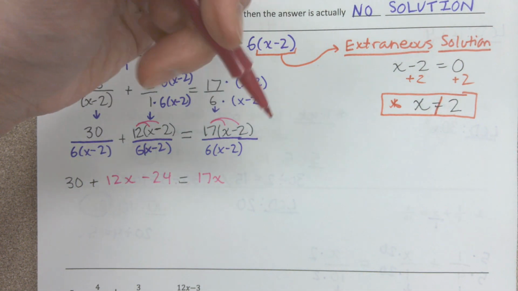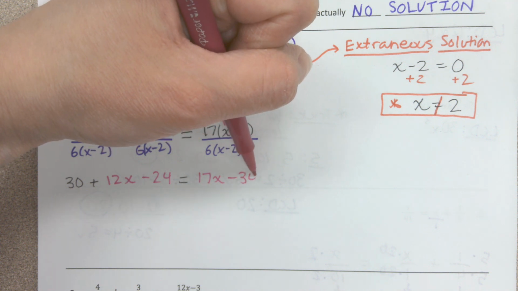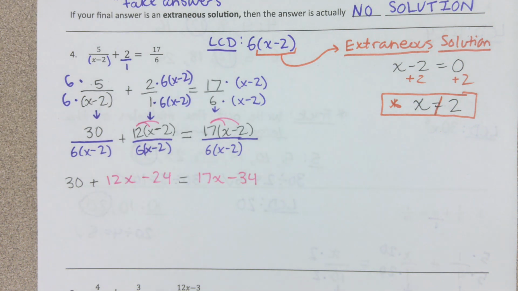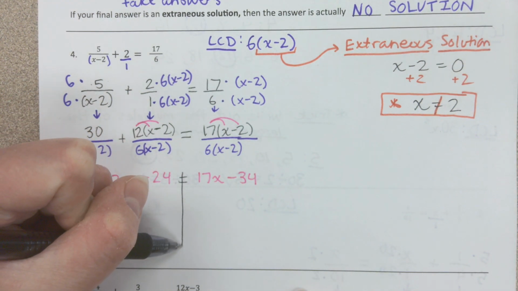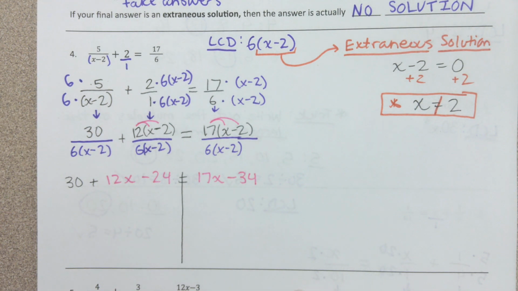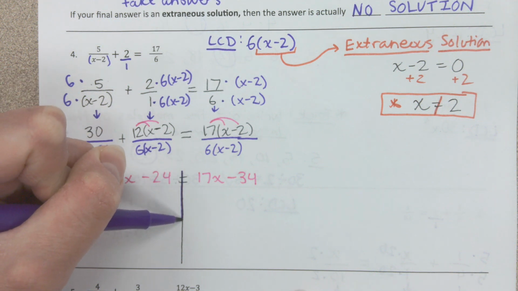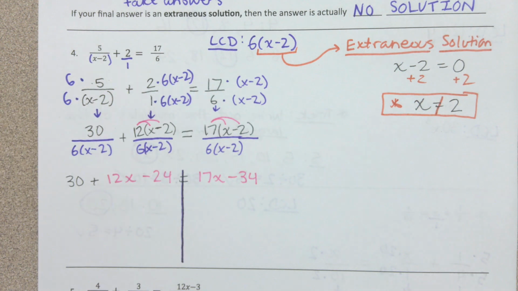And then 17 times negative 2, that's negative 34. If you wanted to drop the equation first and then distribute after that, that's fine.